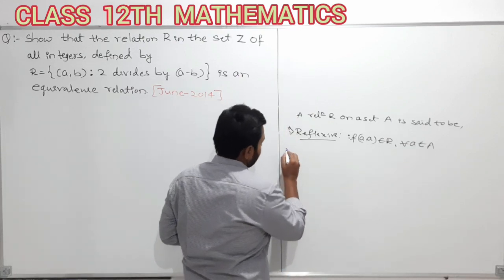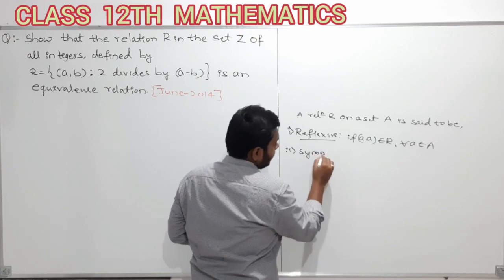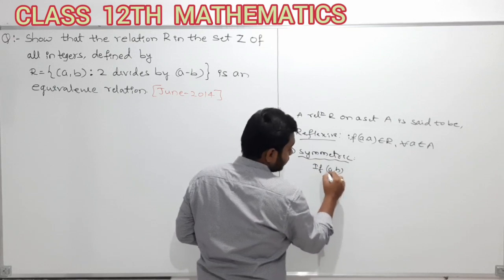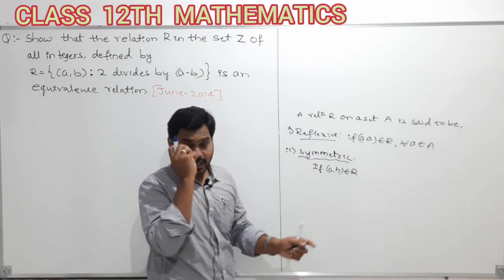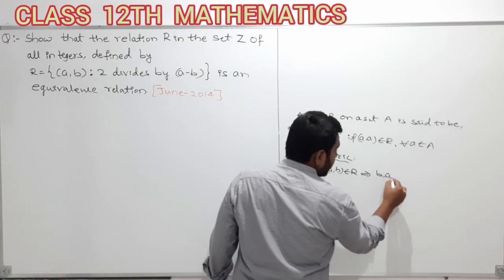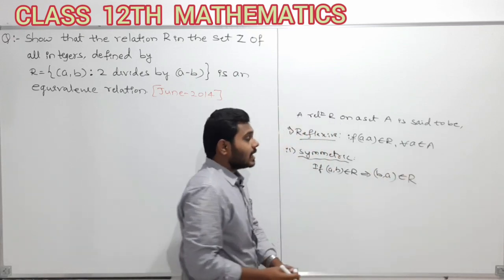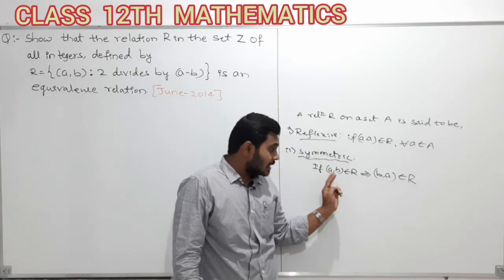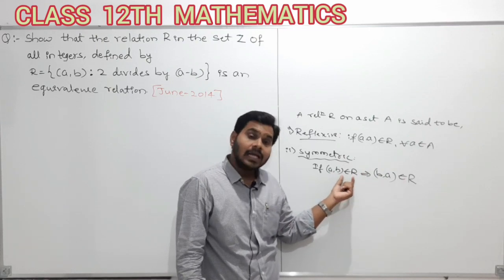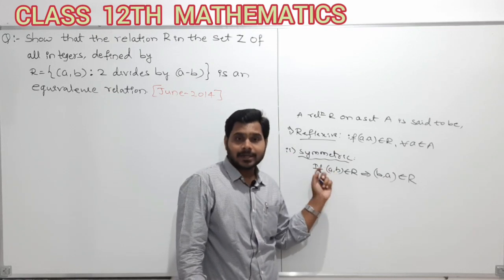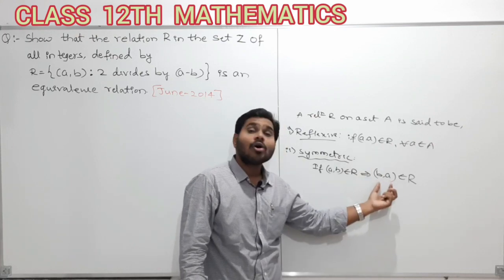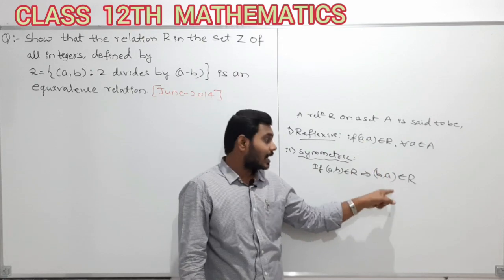And next, second one, my dear students, what is that? Here it is symmetric. So symmetric means, if any ordered pair (a, b) belongs to R, then this should imply that (b, a) must be in the relation R. That is, if (a, b) is there in R, then we interchange the places and check whether the reversed ordered pair is contained in the relation R or not.